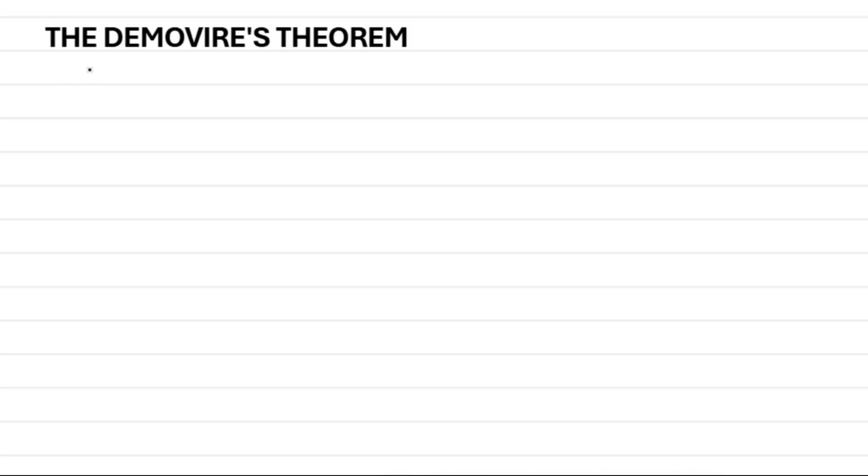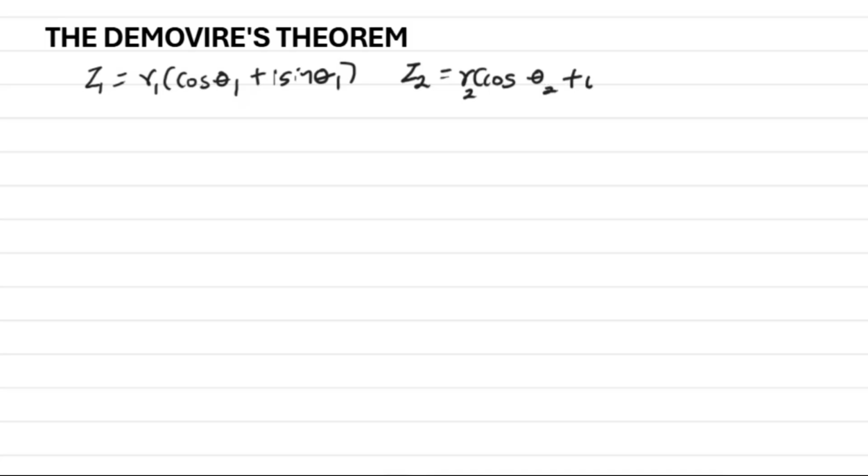Let's say we have z1 equal to r1 cos theta 1 plus i sine theta 1. Let's say we have z2 as r2 cos theta 2 plus i sine theta 2.